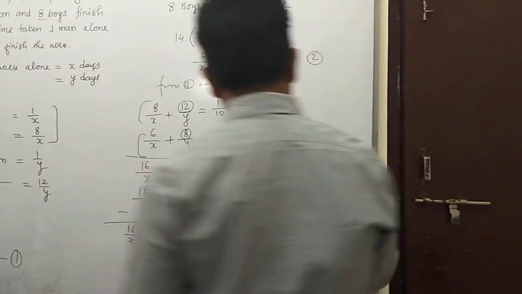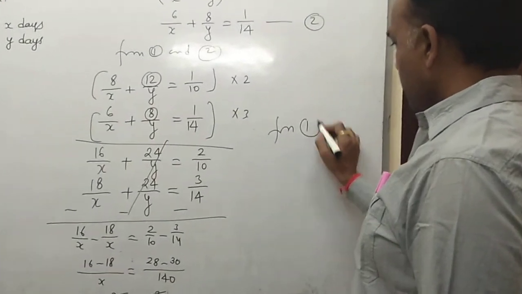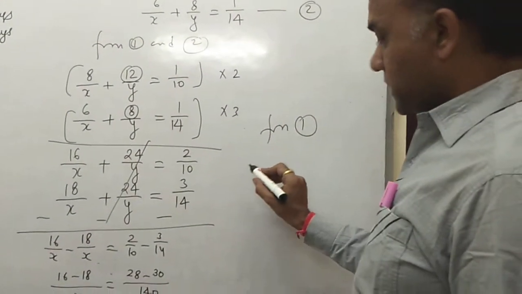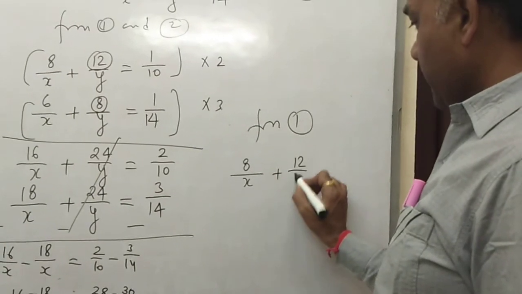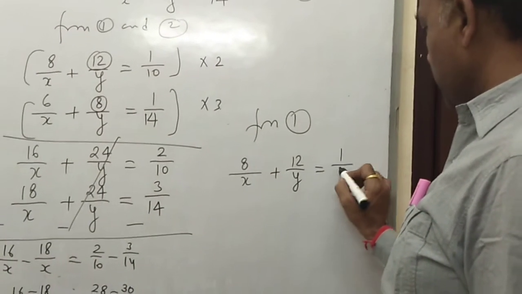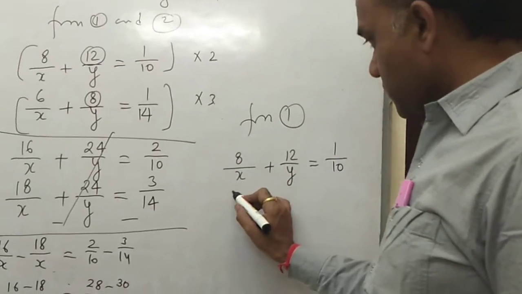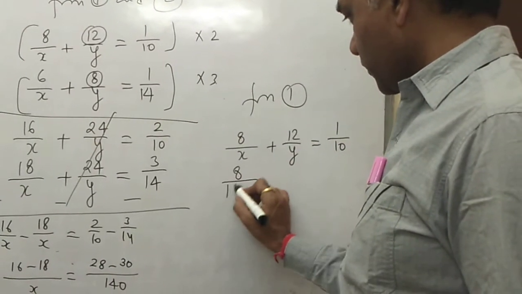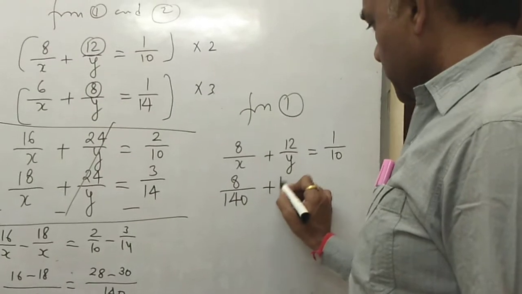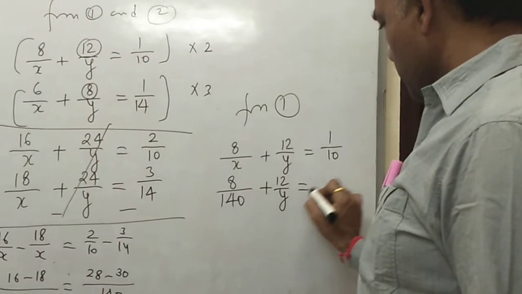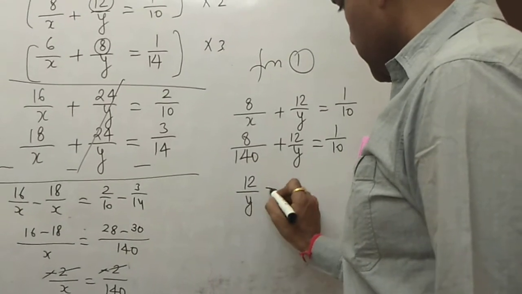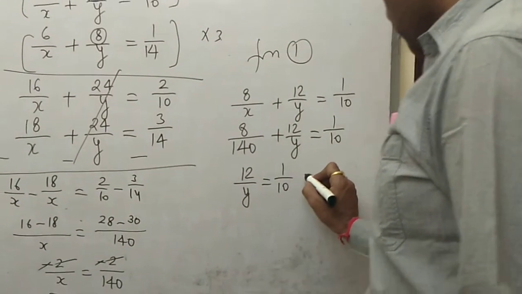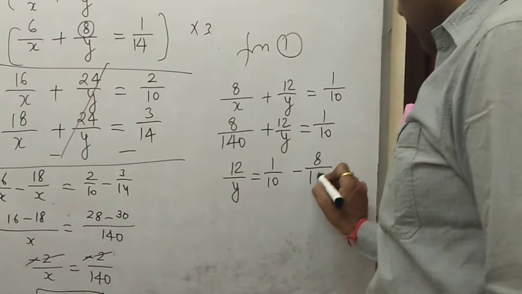From the first equation, you have 8 by x plus 12 by y equals 1 by 10. Put the value of x here, so 8 by 140 plus 12 by y equals 1 by 10. So 12 by y stays as it is, equals 1 by 10 minus 8 by 140.